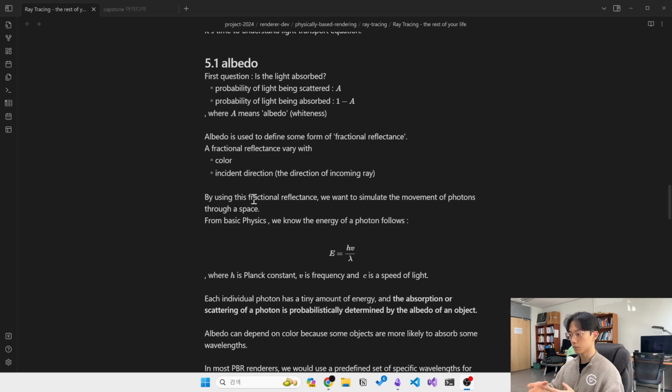Incident direction means the direction of the incoming ray on the specific surface. So for example, we have this kind of surface, and the incident direction means the incoming ray to this surface before the ray goes outgoing from this surface. That's exactly what incident direction means.